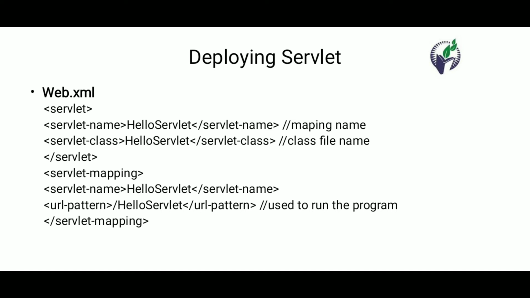There are two main tags, servlet and servlet-mapping. In the servlet tag you have to add two subtags, servlet-name and servlet-class. In the servlet name you can define any name for the servlet, but generally I use the class name as the servlet name, so there is no miscommunication when you run your program.